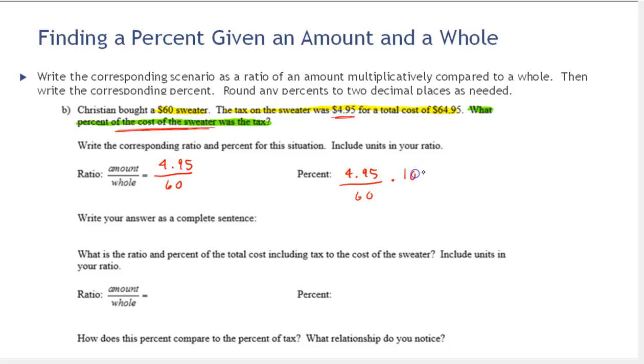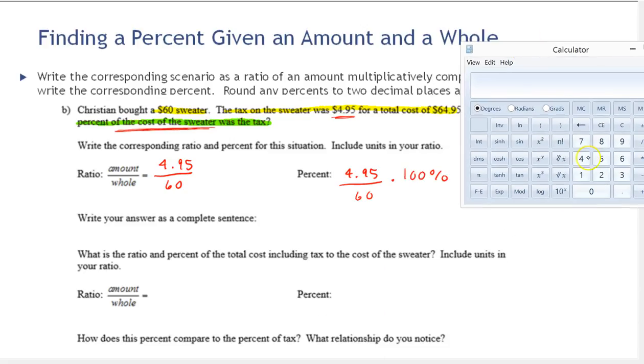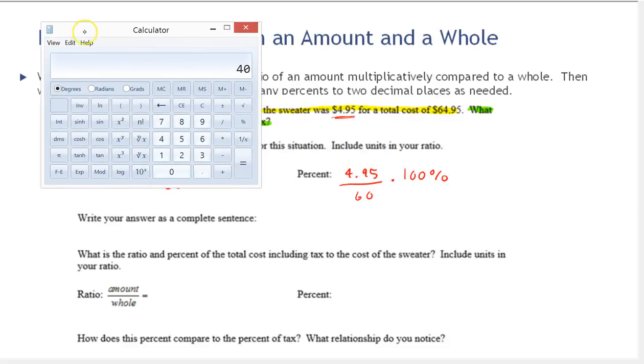We change this to a percent by multiplying by 100%. So let's put this over here. 4.95. We'll divide by 60. Press equals. Multiply by 100. And we get 8.25%.